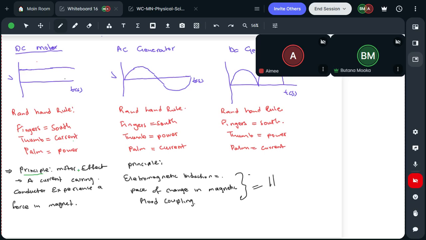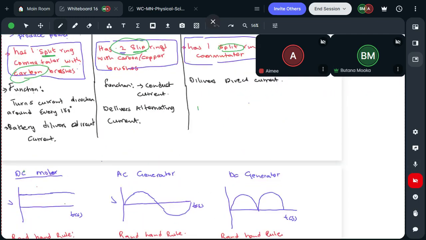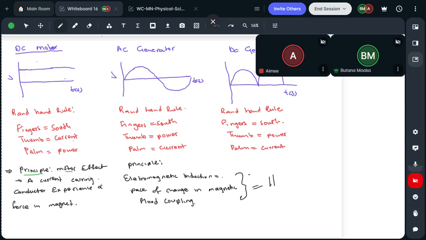The principle for a DC motor is the motor effect, and the principle for an AC generator is electromagnetic induction. The same is true for a DC generator: it will also be electromagnetic induction. So if they ask about the principle of the generator, you write electromagnetic induction.